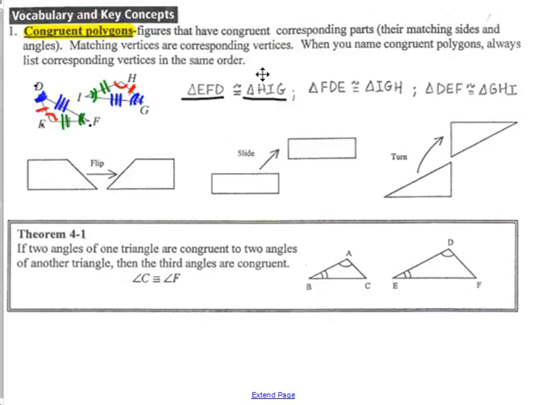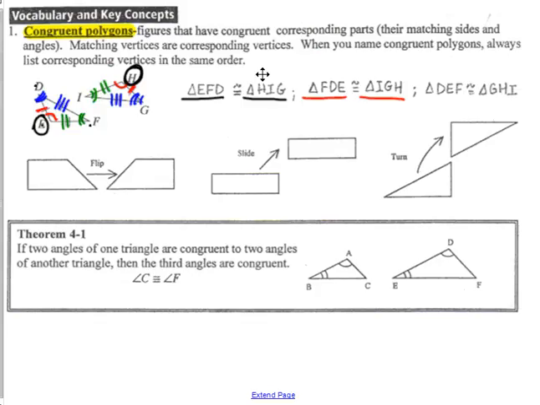So we have to make sure that we label it properly. E has to match up with the angle on the other triangle that matches the congruence. H has to match up with what is that? E.